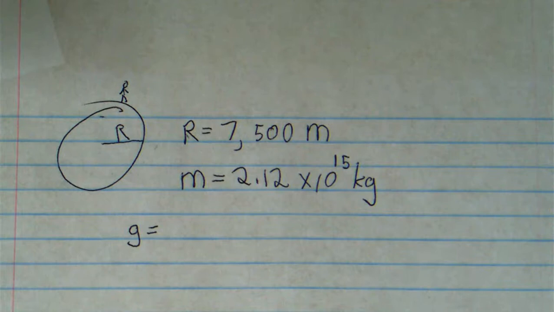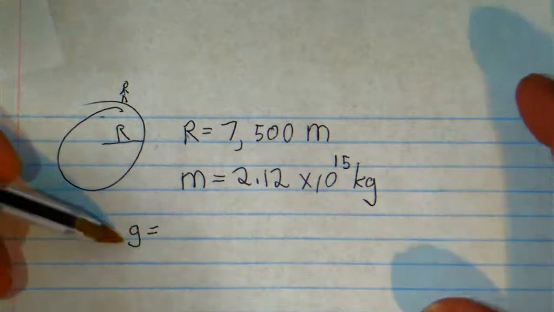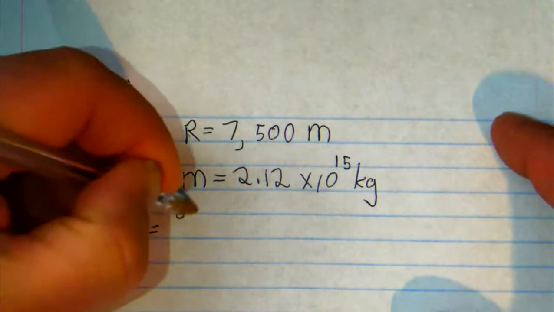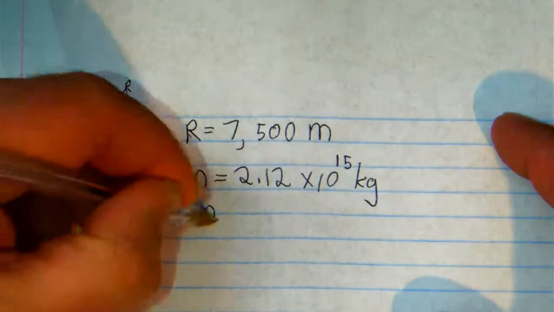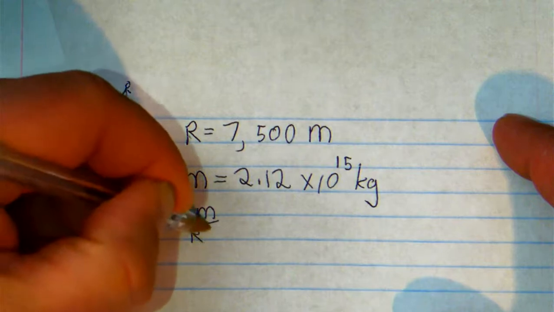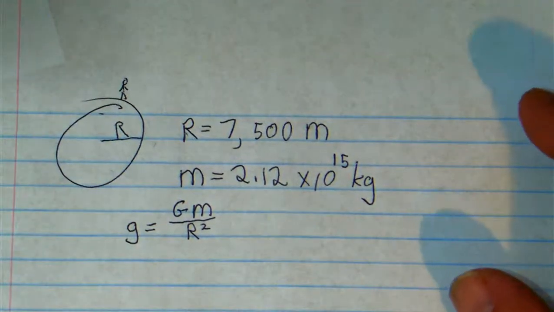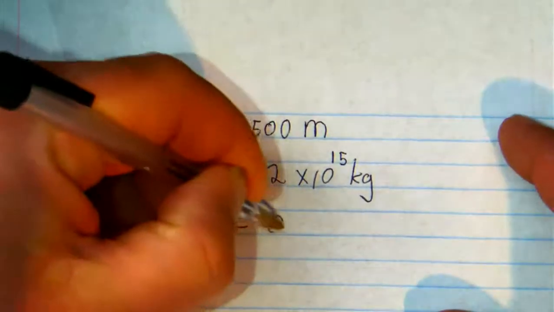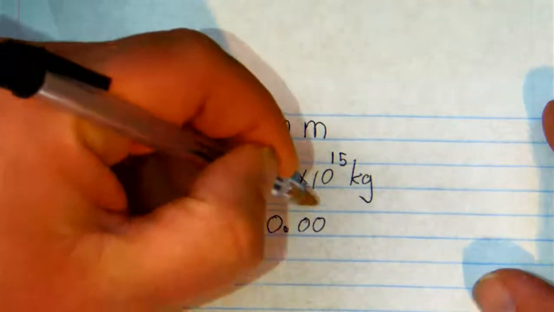Well, 2 out of 3 students got the right numerical value, but no one seems to remember what the correct units are for acceleration. To solve this one, it's G times the mass of the central body divided by the radius squared. And so plugging in these numbers, the value that I got, matching 2 of the students, was 0.002.